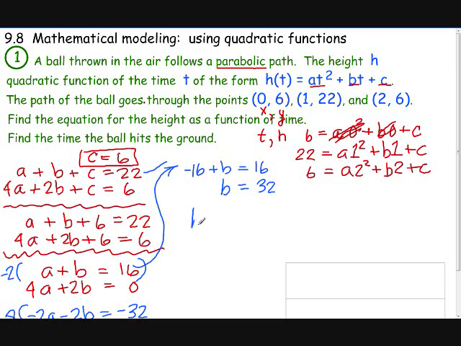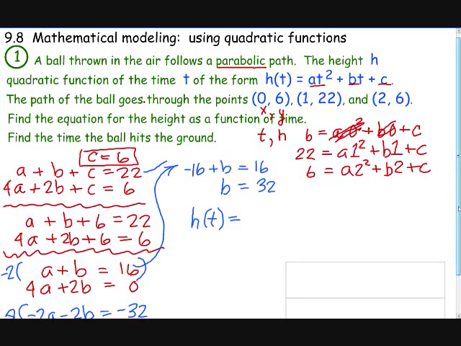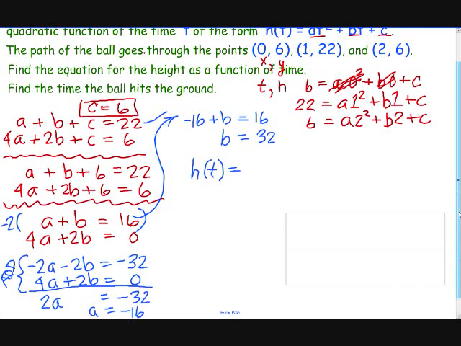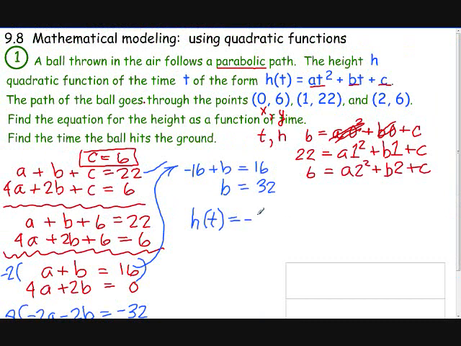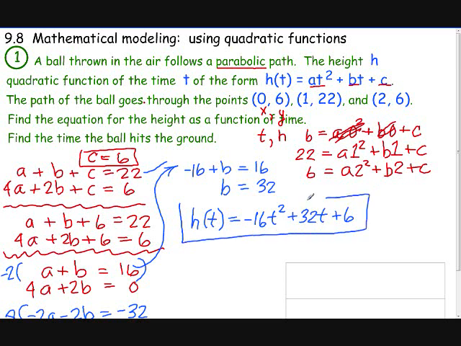Function h of t is equal to, my A is negative 16, negative 16 t squared plus 32 t, right? That's my B, times t, plus 6. There you go.